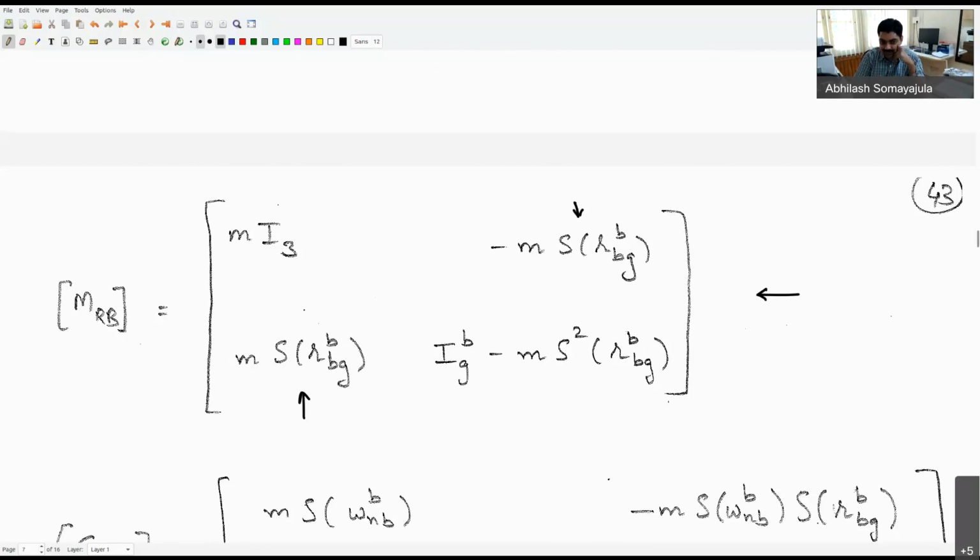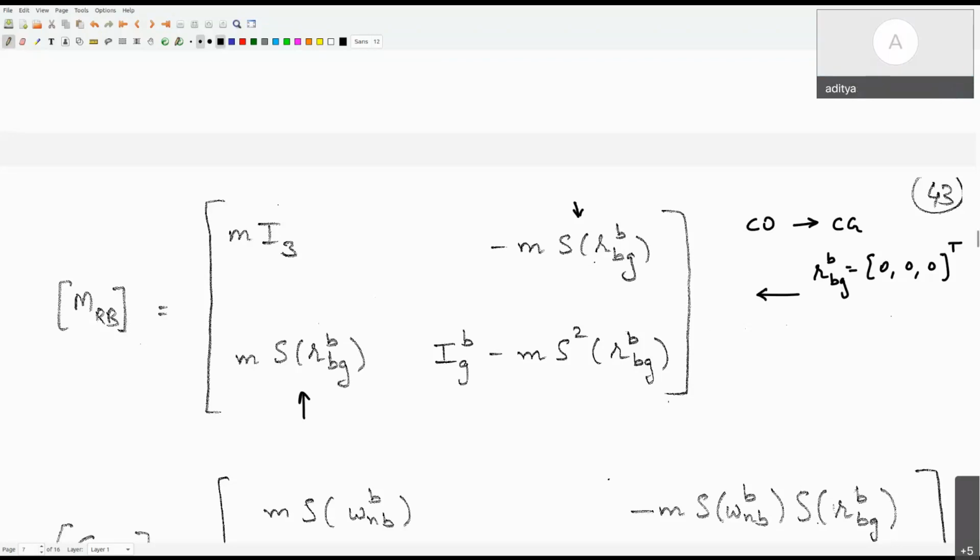It still turns out that if I choose my coordinate origin to coincide, if CO coincides with CG, then RBG will simply be zeros, right? Yes, sir. If I put that in, I get back my original matrix, which was about the center of gravity. Correct? Yes, sir. All right.